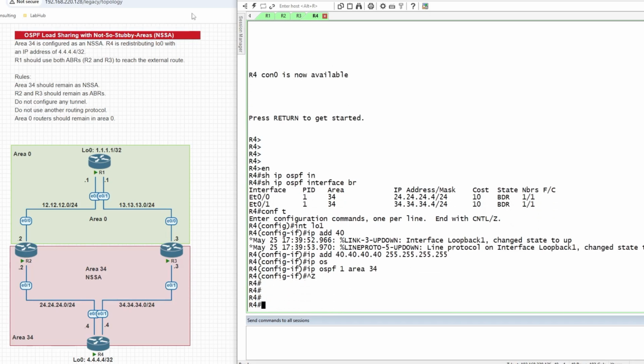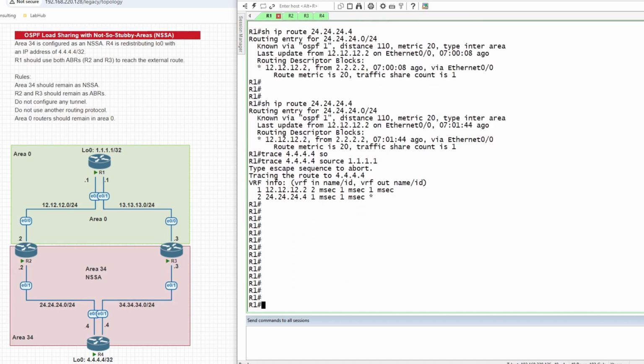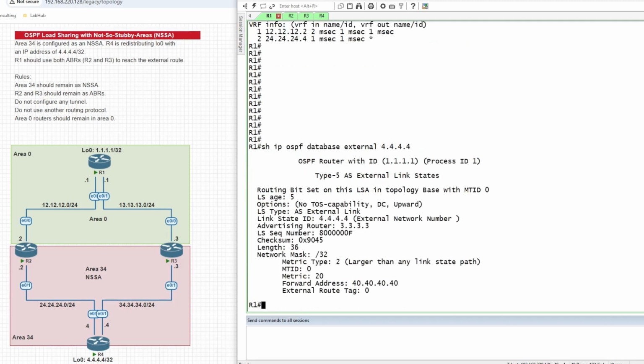So if we put this in area 34 and we come to R1 and we look at our OSPF database, our forwarding address is now 40.40.40.40. So we are hitting the first rule because now we have a loopback interface in area 34.